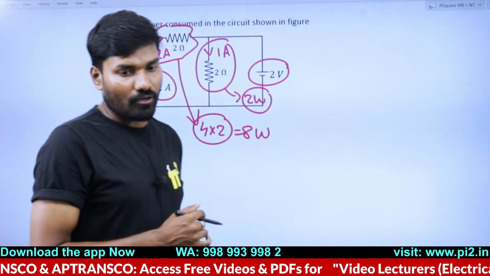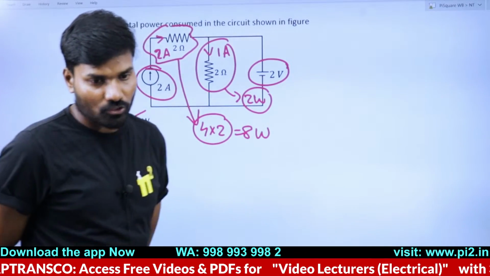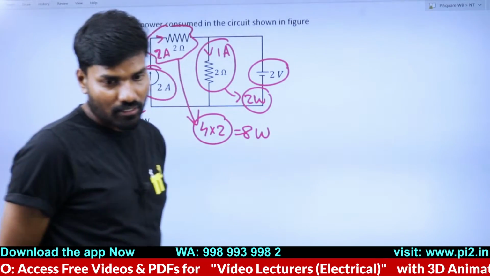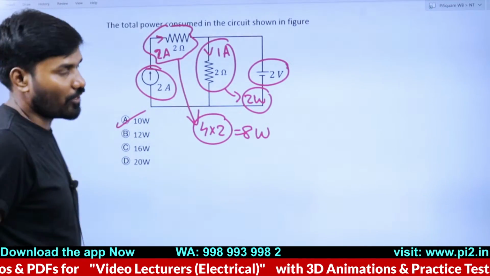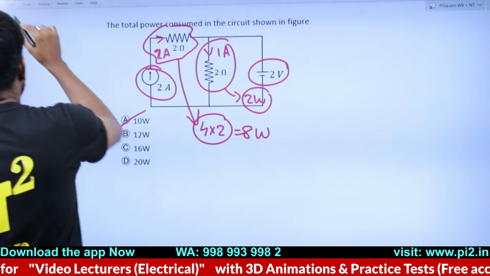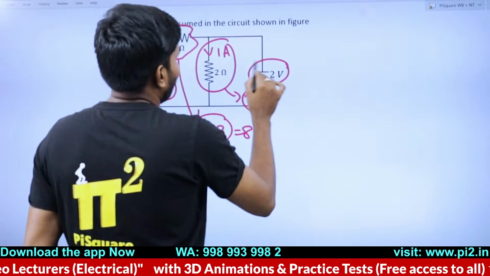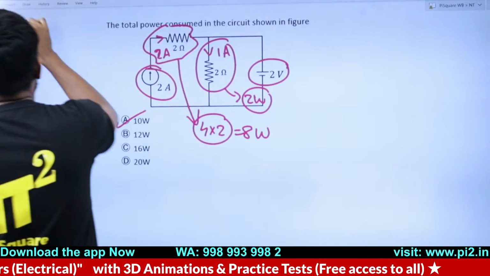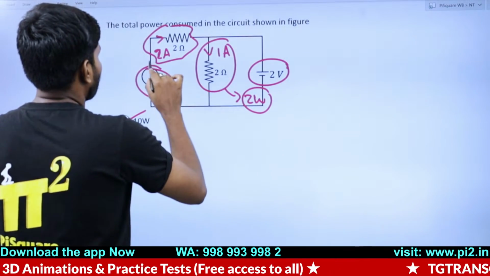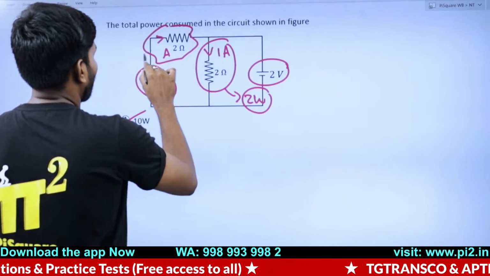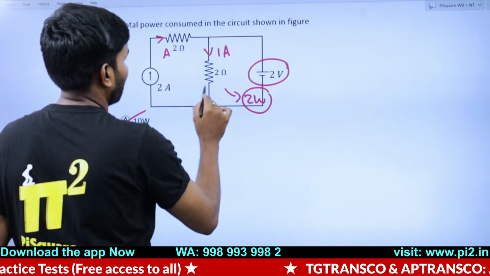Please tell me, dear, how? Sampath was saying 2 square plus 1 square plus 1 into 2 volts. Okay, interesting. So they're trying to say this also.